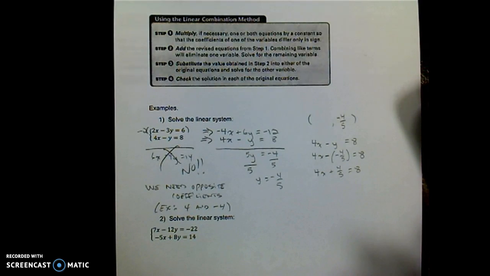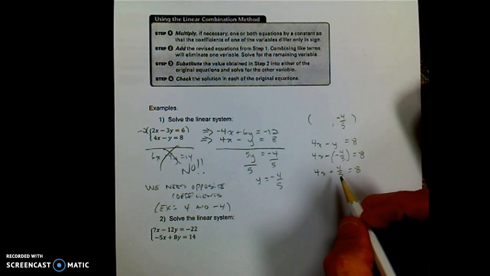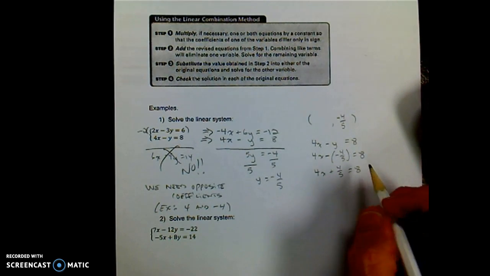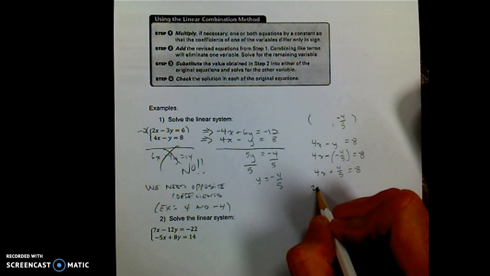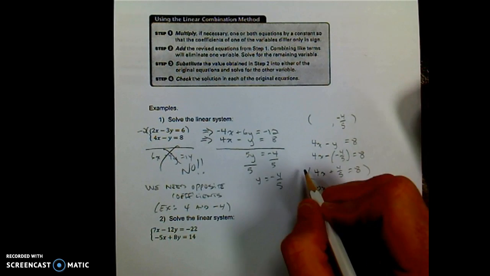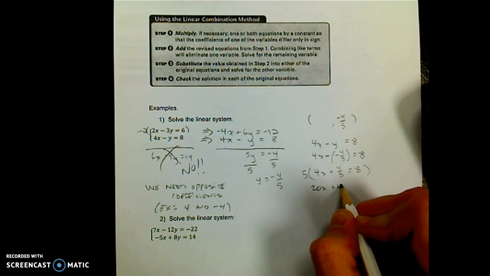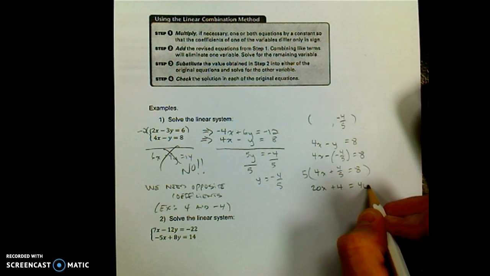From here we can approach this in any way that we want. It might be easiest to go ahead and take the fraction out. So let's multiply by 5. 20x plus 4 equals 40.